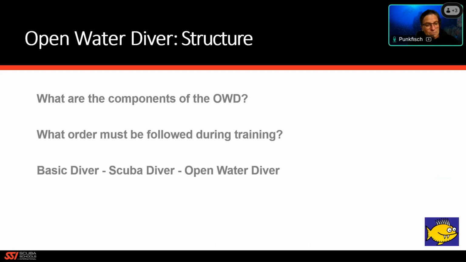So it does make sense to do these two skills together. We disconnect the inflator hose, connect it again, and then we do the oral inflation, because this way it stays stuck in the brain of the student that when I have to do this, I have to do this as well. They kind of belong together. So that makes absolute sense.